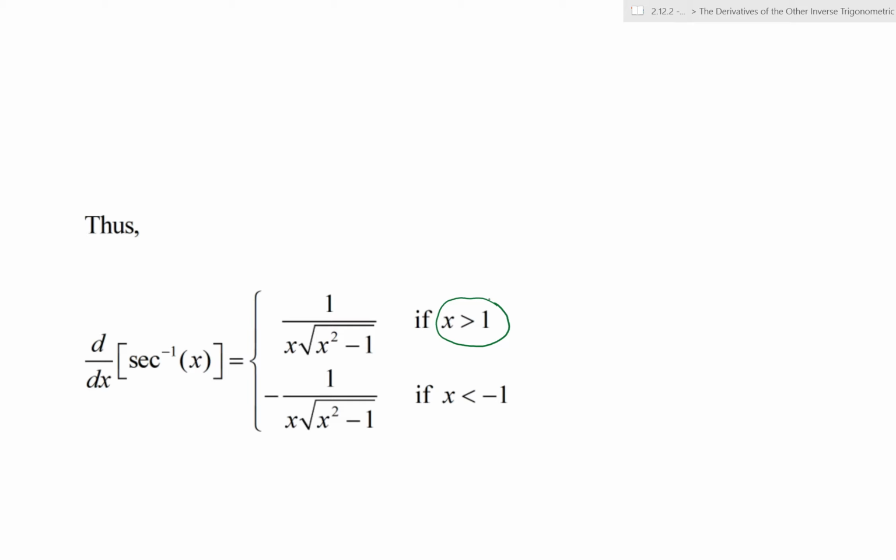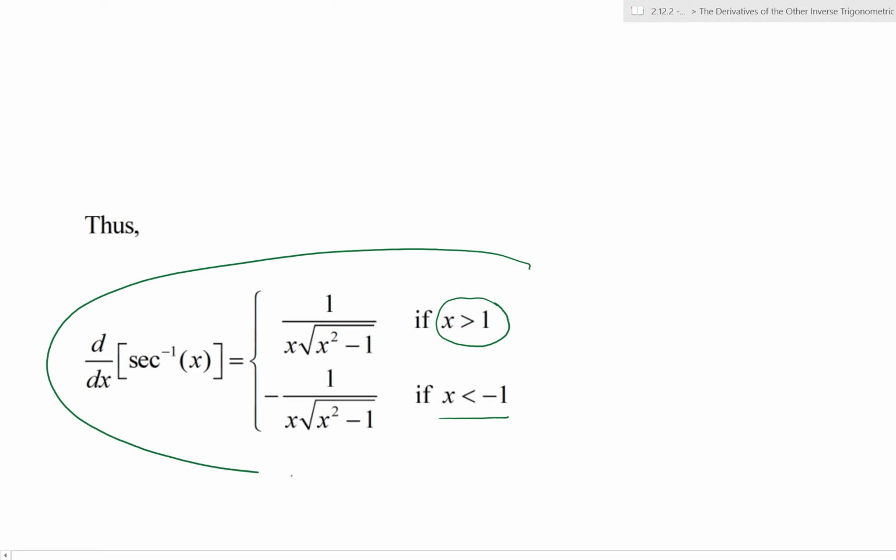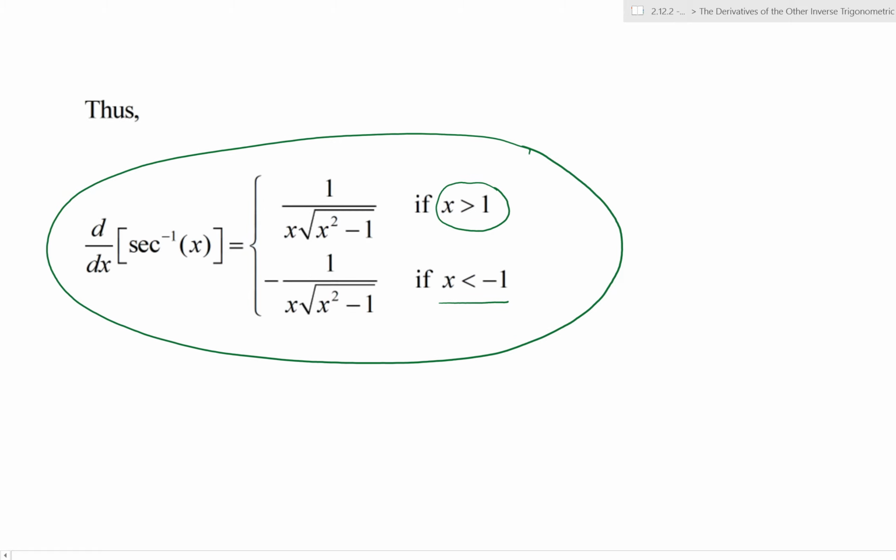And then also it would be right here a negative 1 over x times the square root of x squared minus 1 if x is less than negative 1, and that's because in that situation that tangent of the angle would be negative, and hence we have to compensate for that. So this is our result, this piecewise defined function that gives us the derivative of the secant inverse of x. And maybe we suspected it might be piecewise based on that graph we saw earlier.